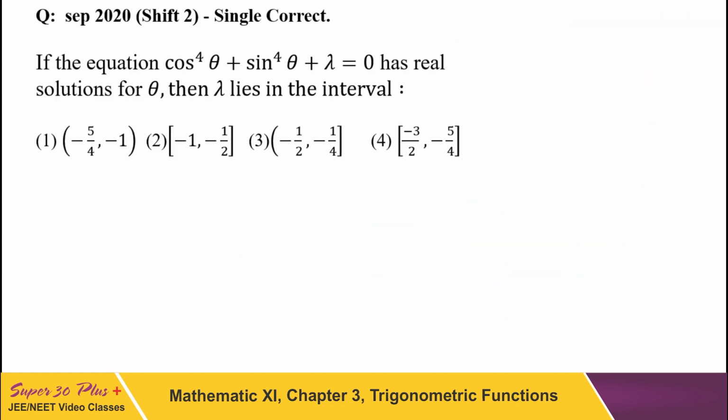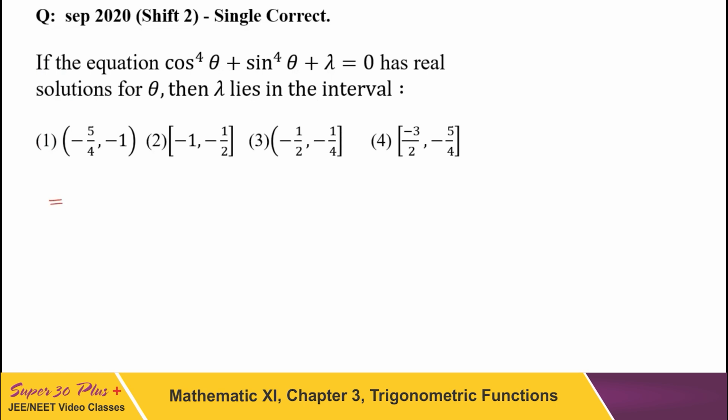Students, let's see one question. If the equation cos to power 4 theta plus sin to power 4 theta plus lambda is equal to 0 has the real solution for theta, then lambda lies in the interval. First of all, we have to write this equation like this.